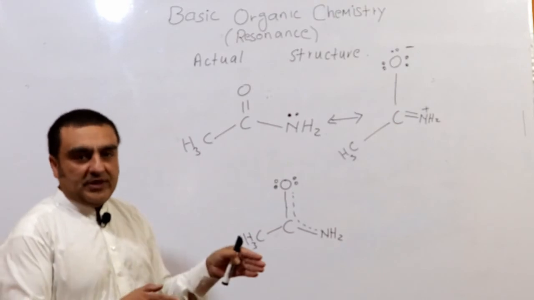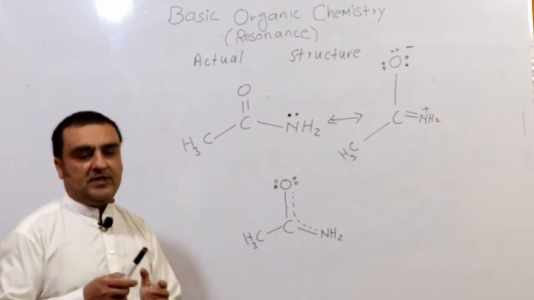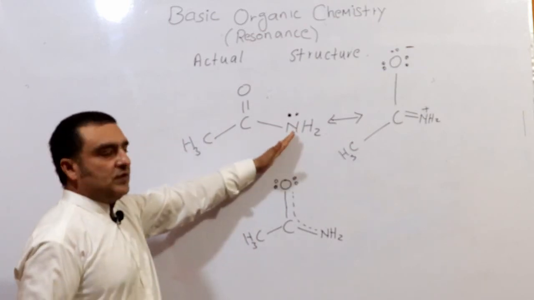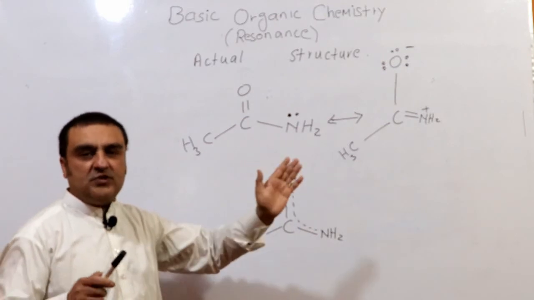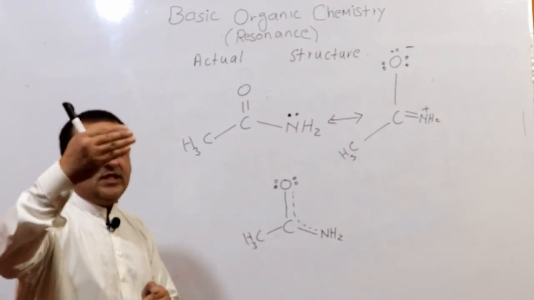When you compare it to the other molecule in which the resonance doesn't occur, as you saw in the previous example, the nitrogen which was not in resonance was a more powerful, stronger base, and it would have taken the hydrogen.